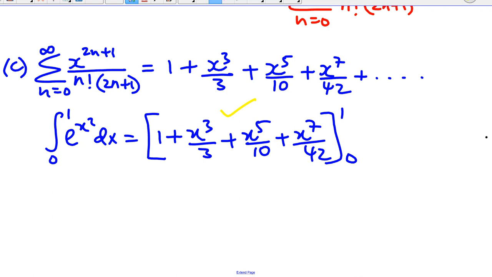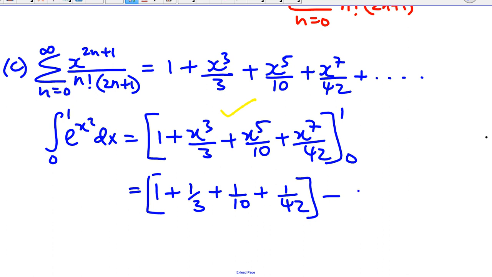So what we'll end up with is 1 plus a third plus 1 over 10 plus 1 over 42, minus just 0.